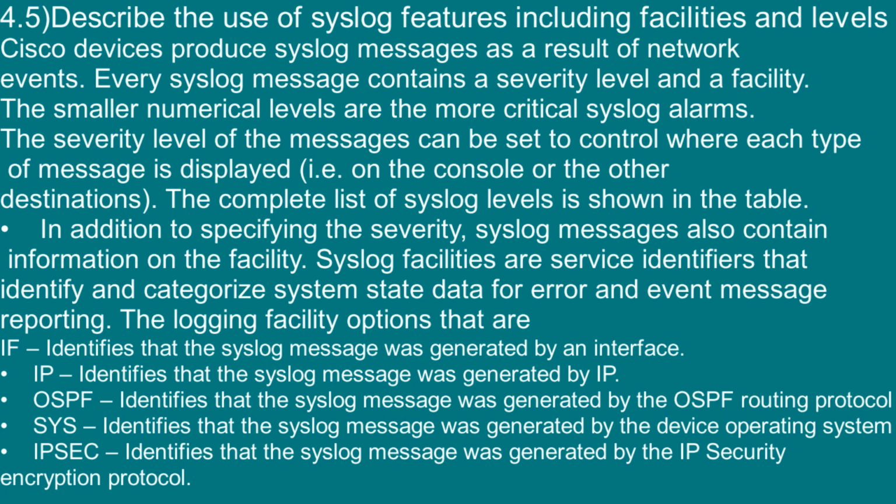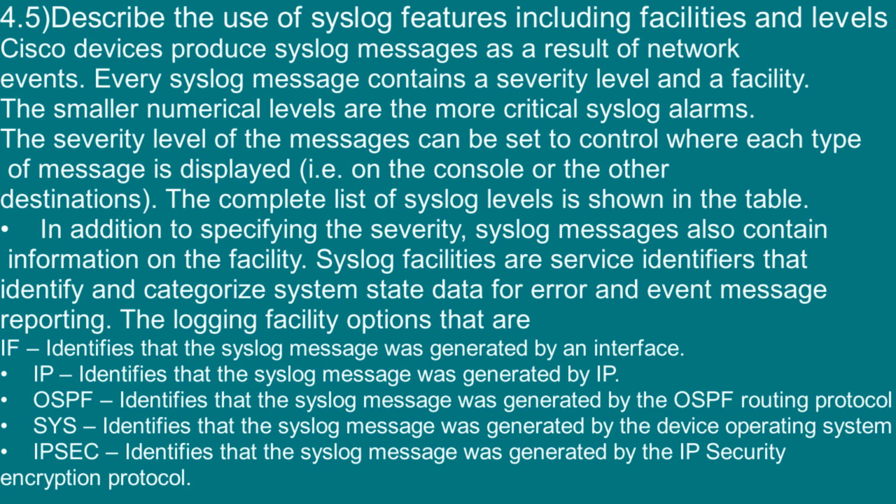In addition to specifying the severity, syslog messages also contain information on the facility. Syslog facilities are service identifiers that identify and categorize system state data for error and event message reporting. The logging facility options are: IF identifies that the syslog message was generated by an interface. 1.